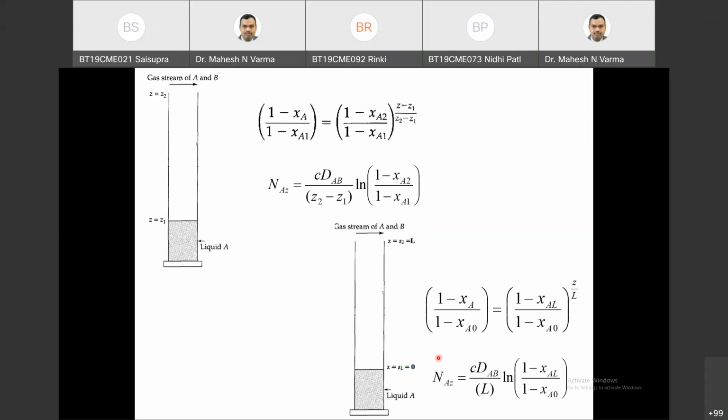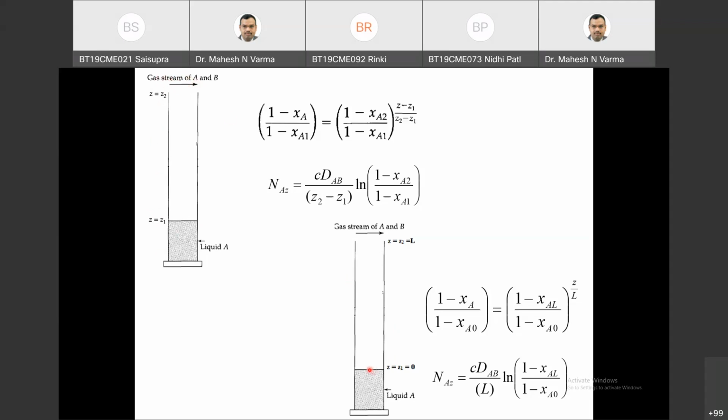So the most important thing is that this concentration profile is not different. This is the same as that. Only here we are renomenclating as per the change of origin. Here my origin was located here, hence this was nomenclated as Z1 and this as Z2. The saturation concentration was given as XA1, and the concentration of A in the stream was XA2.